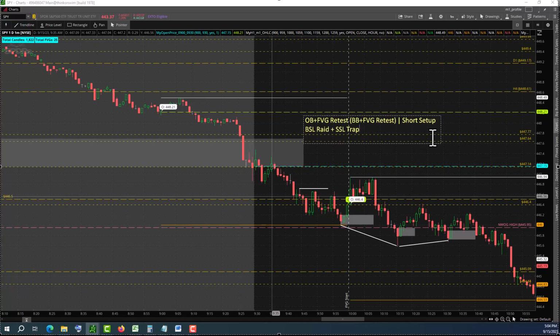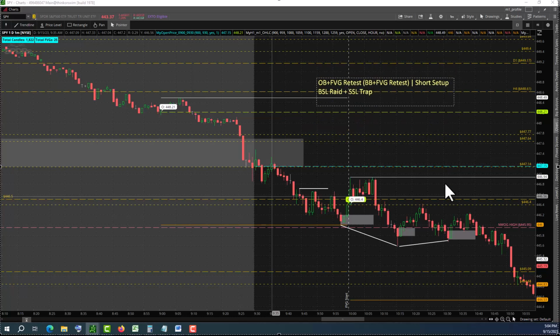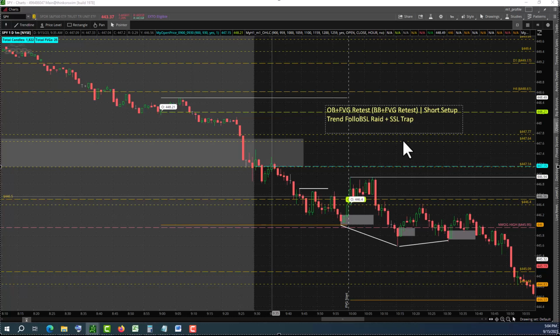And we also pay attention to one more thing. Sometimes we don't see this condition, but if we see the so-called trend follower, it will be equivalent to this condition. So whenever this condition is absent, we can look for the trend follower, and in this case it is a huge trend down, right?